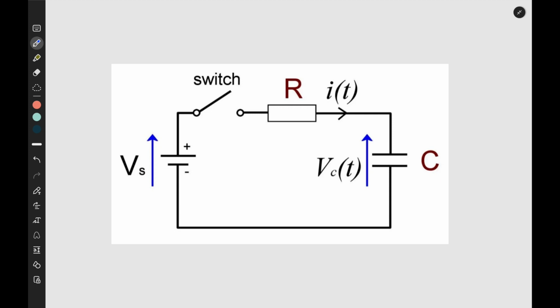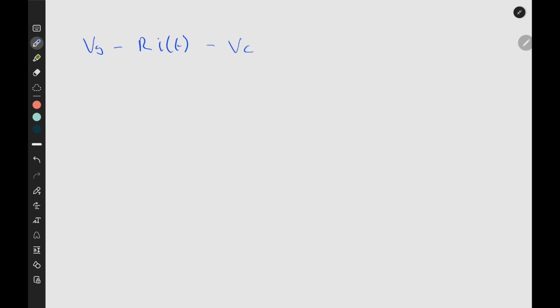So we're going to be doing Kirchhoff's voltage law on the RC circuit. So we get V source minus R times I, which is time dependent, minus VC. And we're going to swap I(t) for the definition of current, which is charge per time, and VC we can replace.